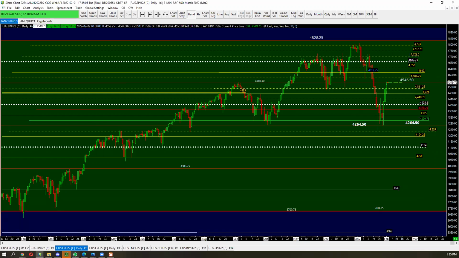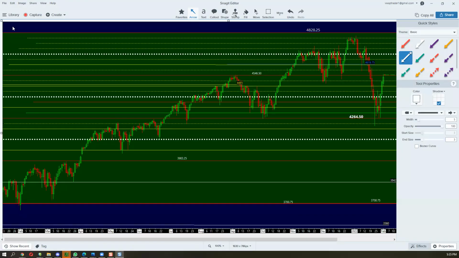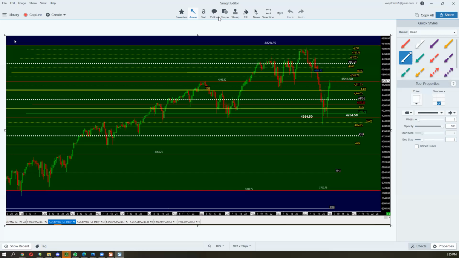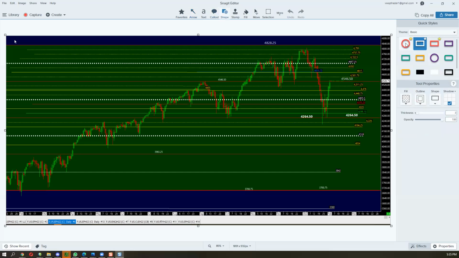The other thing about the chart, on a daily, I can see the business that's transacted. Every time the market sells off, I look to see how much time it spent above this level.